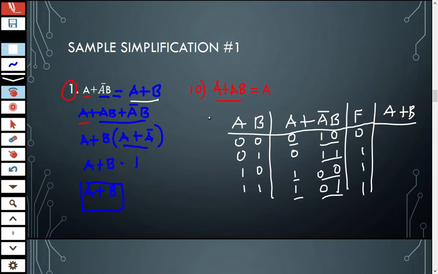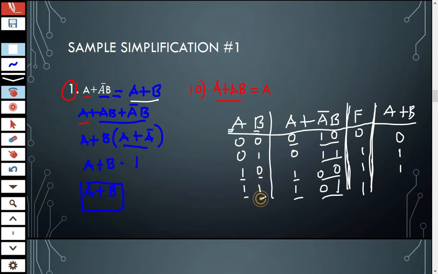If we will just add A to B, we'll get the same column for our F, which is the final result. So let's check. A plus B, 0 plus 0, we get 0. 0 plus 1, we get 1. 1 plus 0, we get 1.